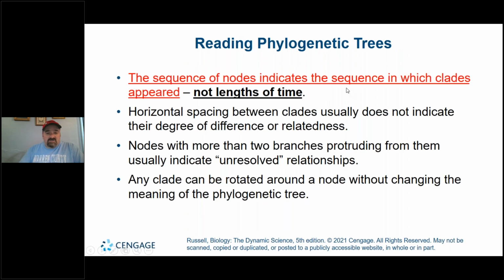Okay, so the horizontal spacing between the clades usually does not indicate their degree of difference or relatedness, other than that there are similarities, and that's why they're placed within, because again, there's criteria within the taxonomy as far as the domain, the kingdom, the phylum, the class, the order, the family, the genus, and then the specific species.